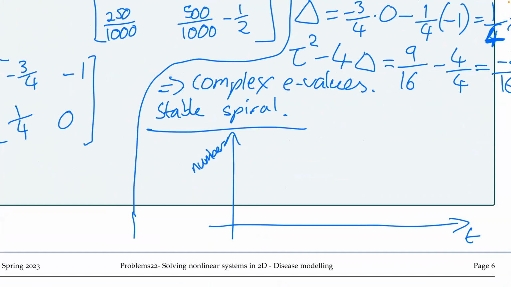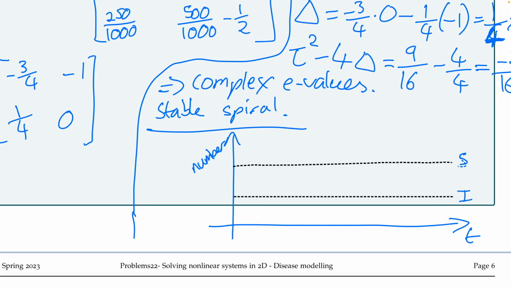So that looks something like this for our susceptibles and this for our infected individuals. This is my S and this is my I. So we know that because this is stable, we eventually end up there. But we also know that this is a stable spiral, so that means we're going to spiral in towards it.